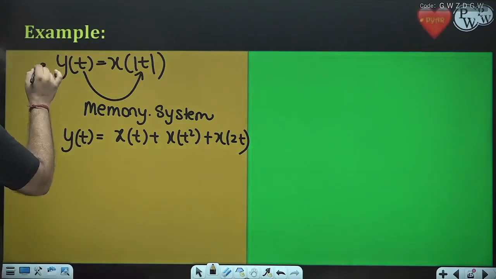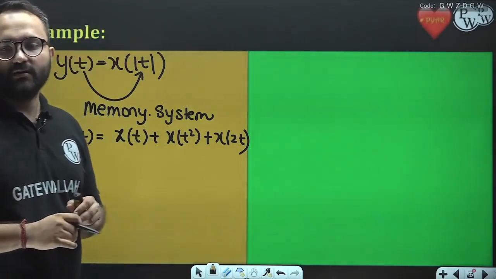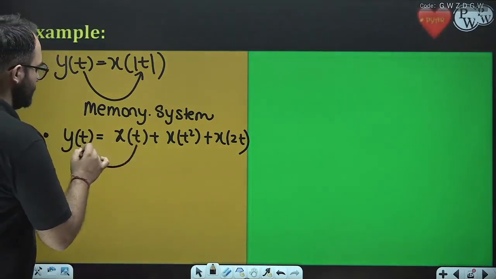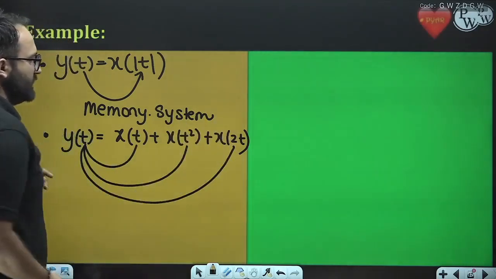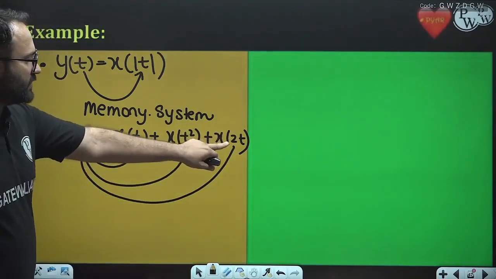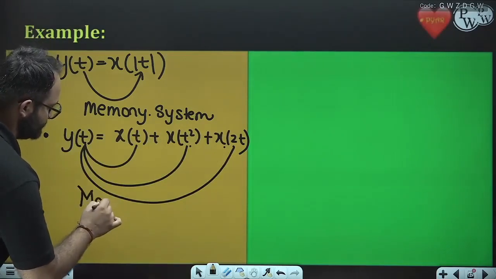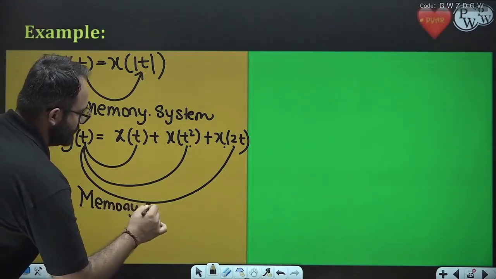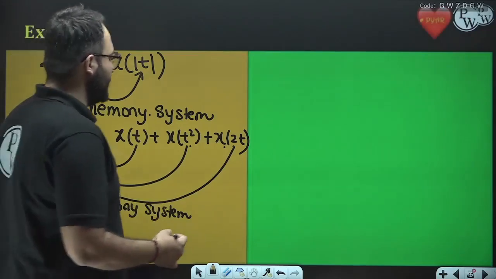Here also the variables are different. This is 2t and this is t square. So it is a memory system. Great. Next.